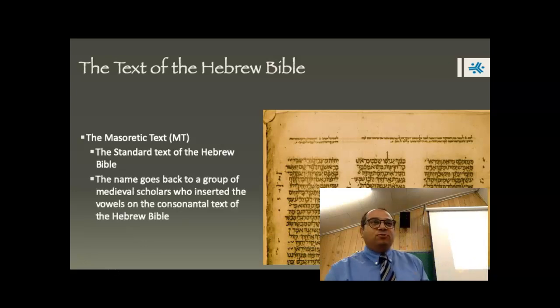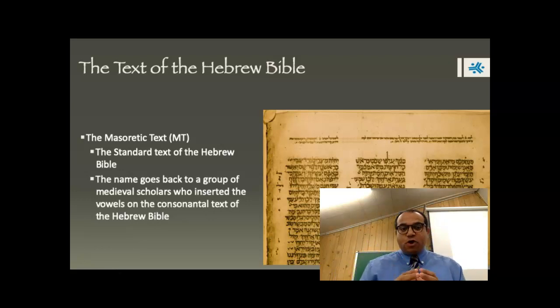The Masoretic text was called the Masoretic text because the scholars who inserted the vowels on the Hebrew text were called the Masoretes. So imagine that. The Hebrew Bible, when it was written, was only in consonants, only the Hebrew alphabet. It had no vowels on it.